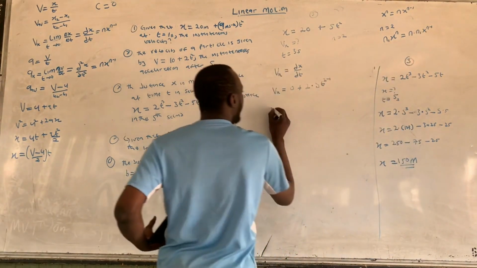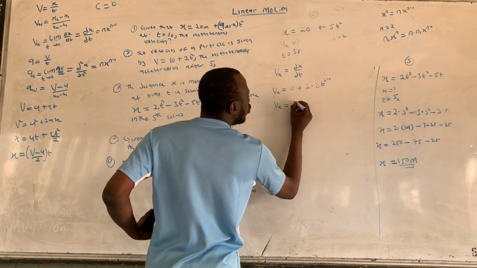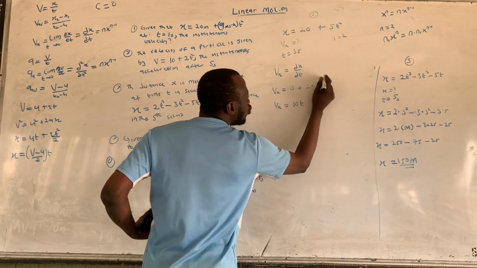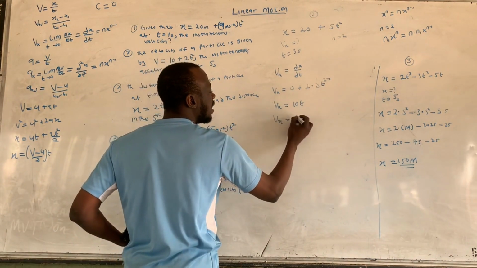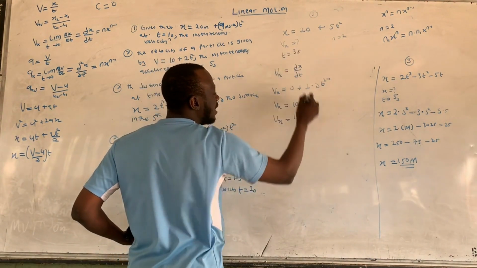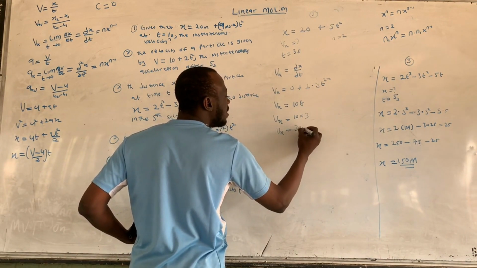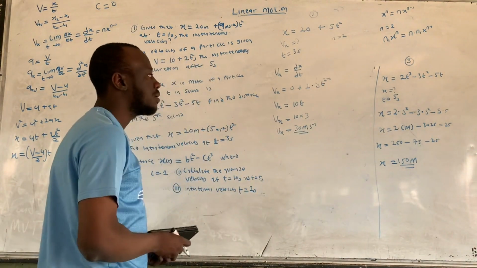In this case we have Vx equals 2 times 5, which is 10, and 2 minus 1 is t. Vx equals 10 times 3. Vx equals 30 meter per second.